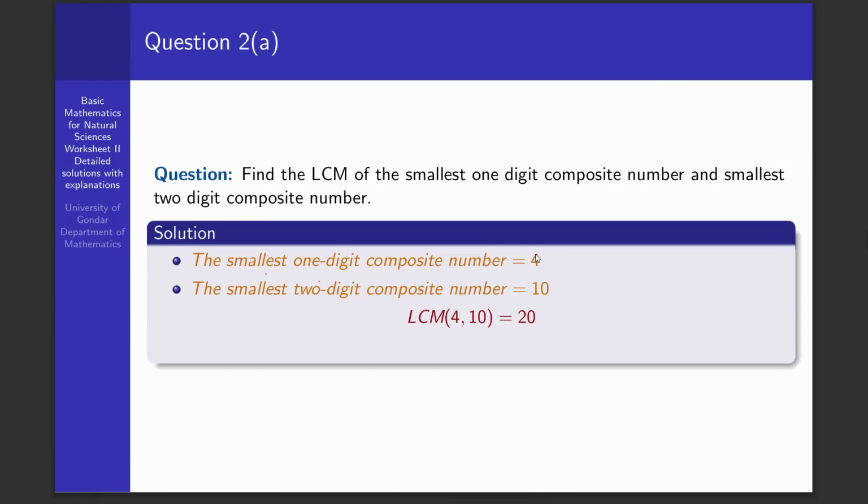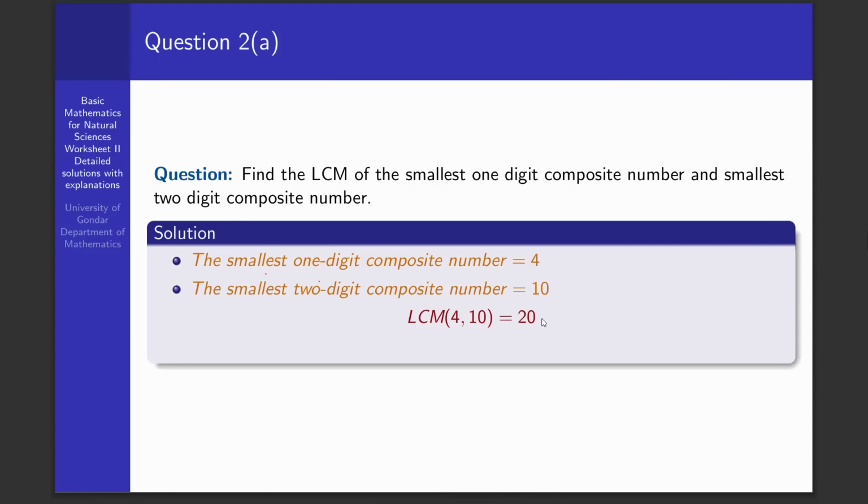From the 2 squared we take the highest power, 2 squared, and from 5, even though it's not a common factor, we have to take it, so that 2 squared times 5 becomes 20. Therefore, the least common multiple of the smallest one-digit composite number and the smallest two-digit composite number, that is 4 and 10, is exactly 20.